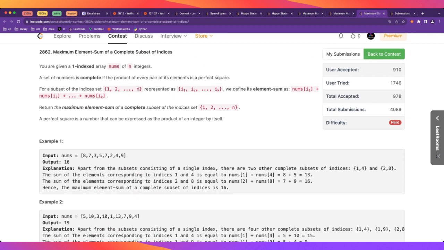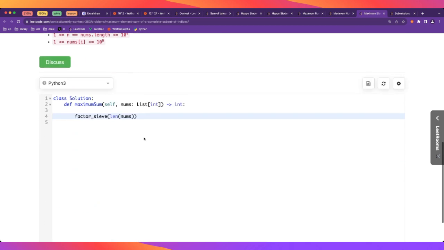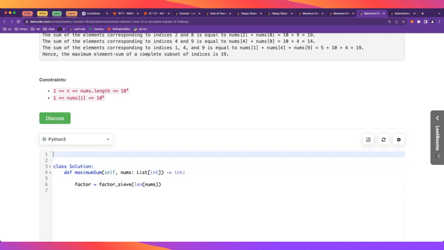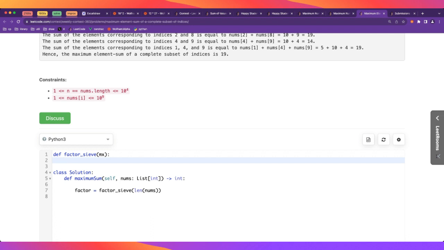And the numbers are 1 based, the indices. So this is the maximum number, so this is standard code, but don't worry. This is the maximum value that we care about.